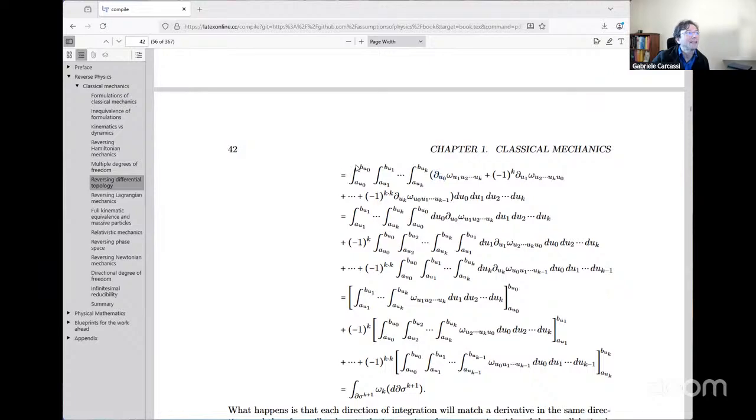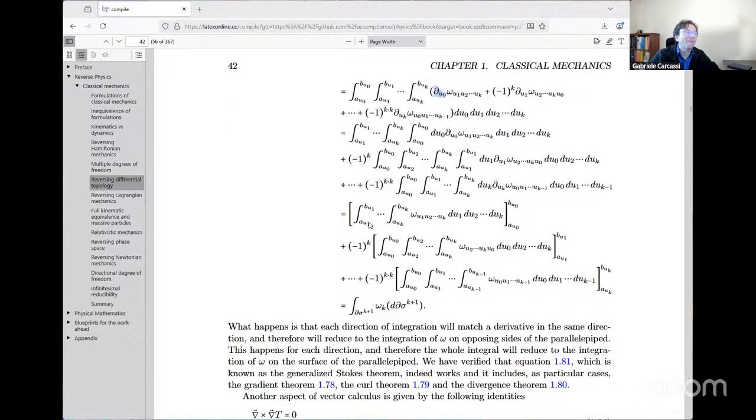So this integral on u0 with the derivative of u0 gets canceled out, and then you just have the difference of what's at the boundary. And that's going to happen for every side of the parallelepiped. The first one took the u0, the second one will take the u1, the other one the u2, and so on.